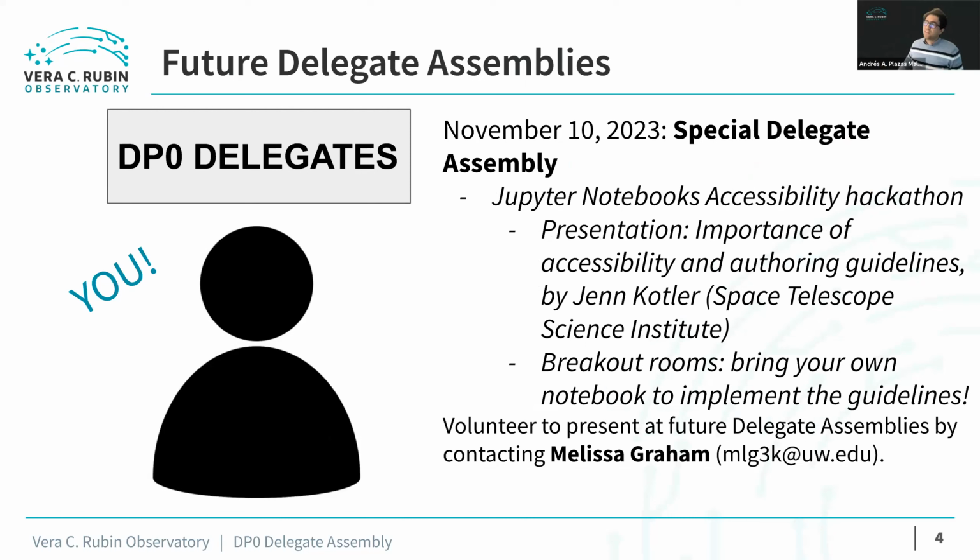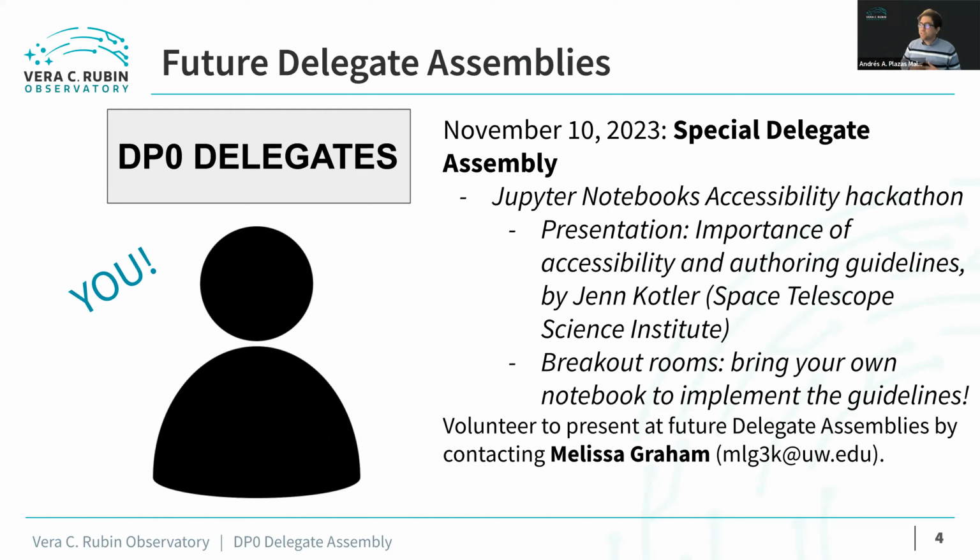I also wanted to advertise a special delegate assembly that we have already booked in a little bit less than a month. This is going to be an assembly dedicated to accessibility in Jupyter notebooks.